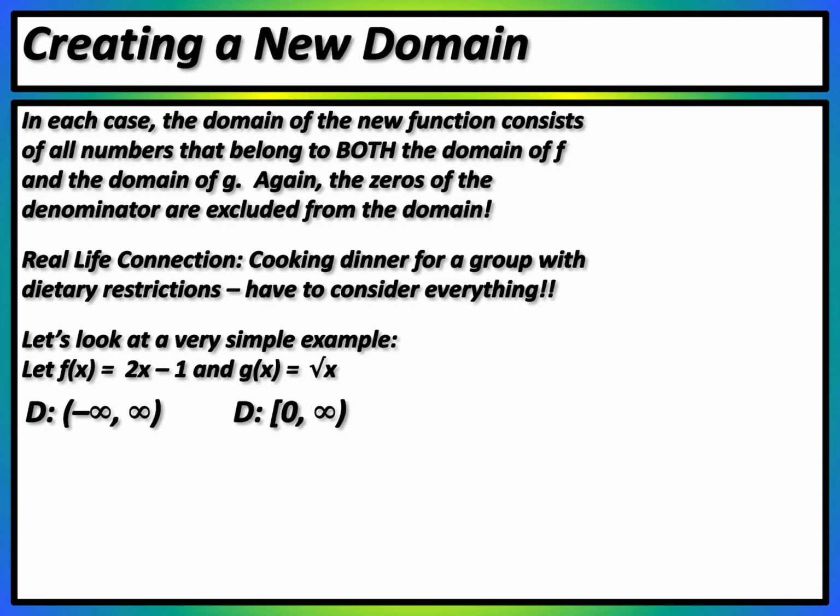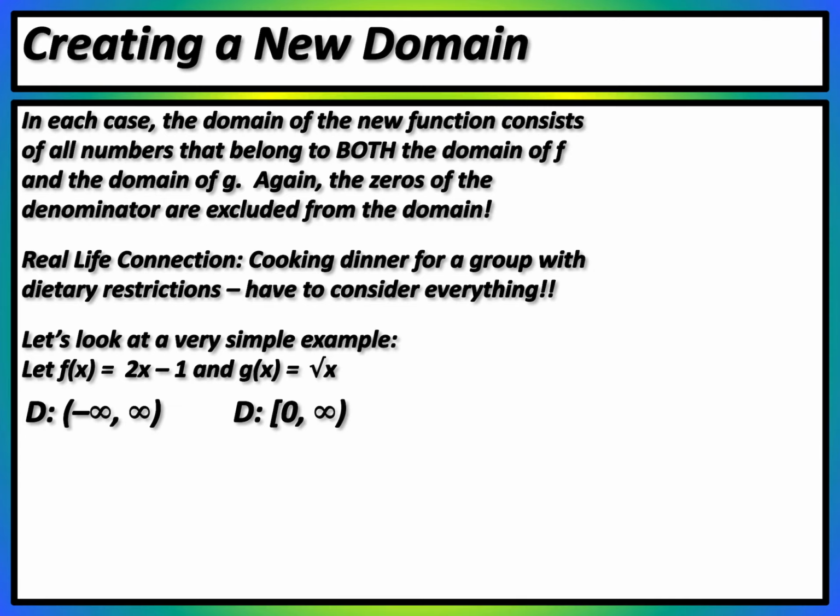When we are creating the domain for the result, we have to take into account the domain from both of our original functions. Everything has to be accounted for. So you're essentially going with what is the most specific from the two originals and then making sure that it applies to your result, whether it's the product or the difference.